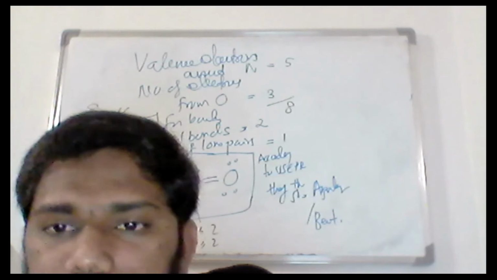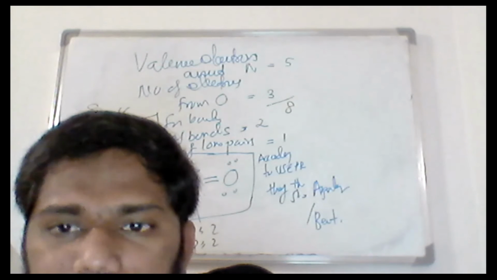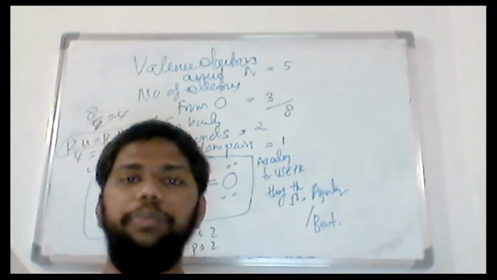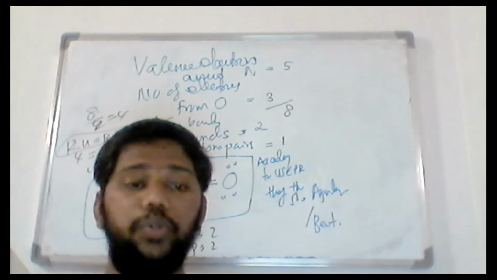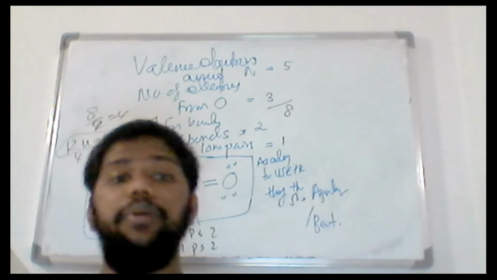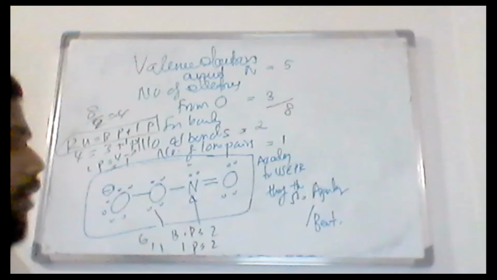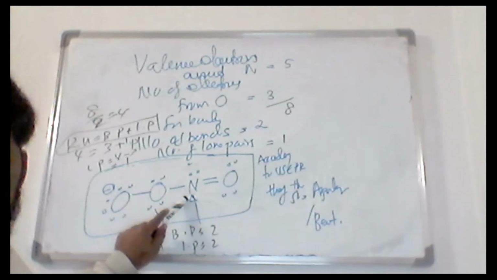State the following. Electron pair geometry around the atoms and hybridization of the atoms. So I think now you should be able to do these things if you go through the last year paper very carefully. So you know, for the electron pair geometry around nitrogen, I think this one, right?